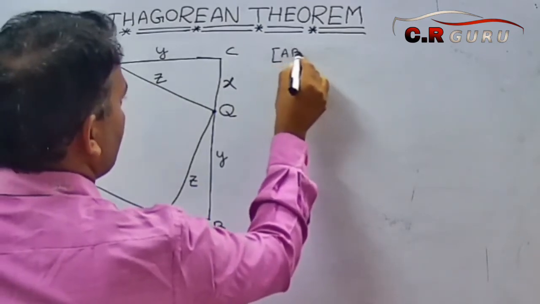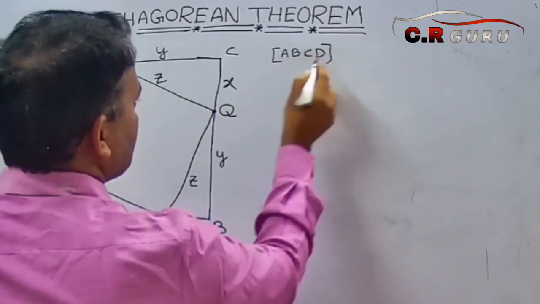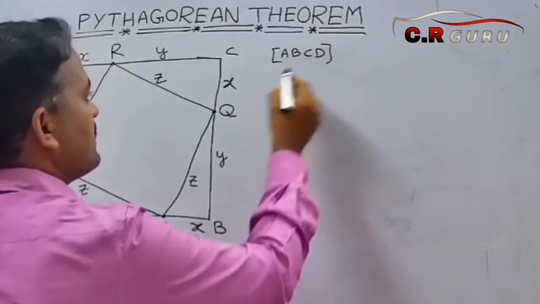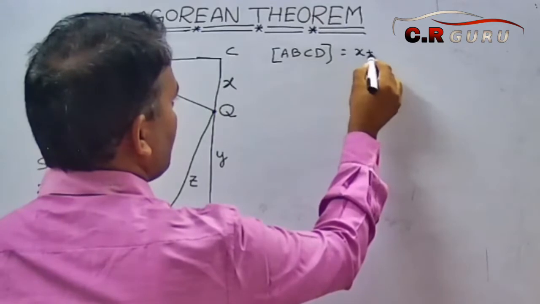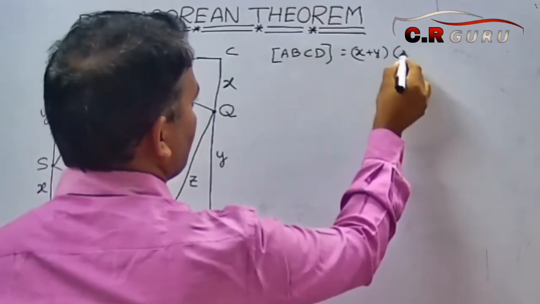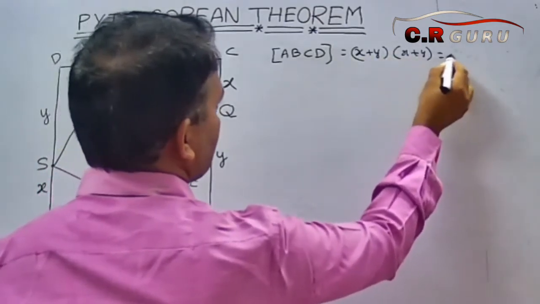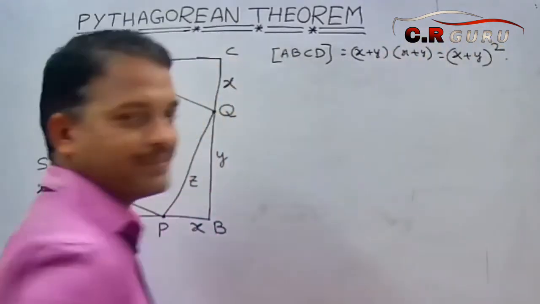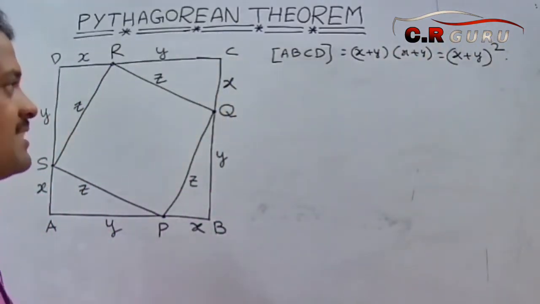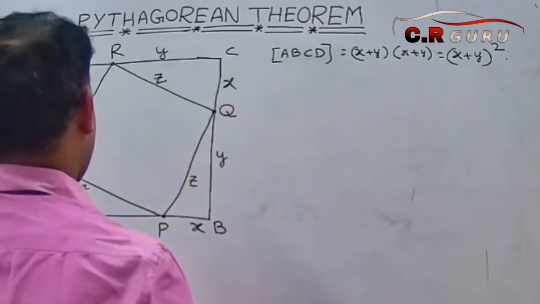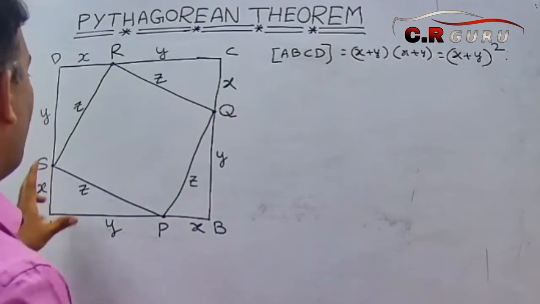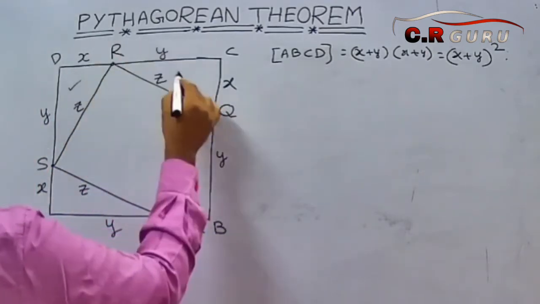The area of the square is equal to x plus y into x plus y, which is x plus y whole square.